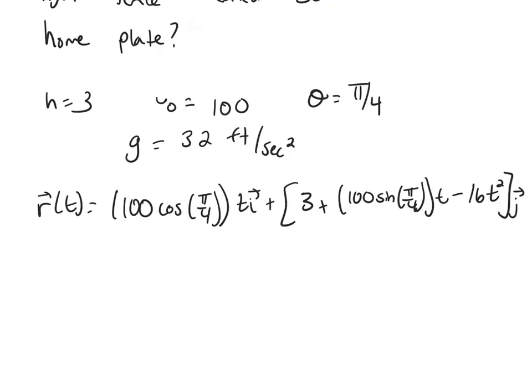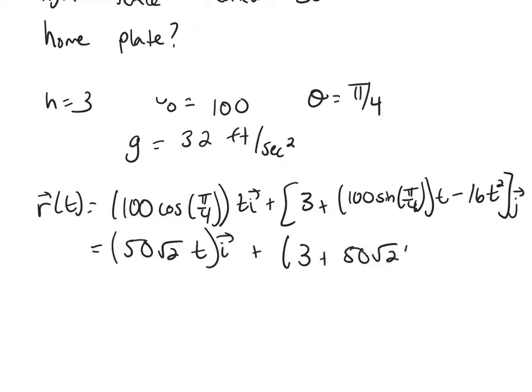So I'm getting 50 square root of 2 t i plus 3 plus 50 square root of 2 t minus 16t squared j.